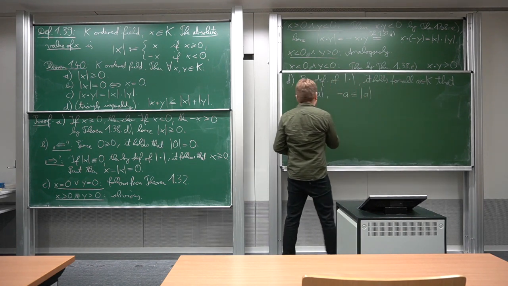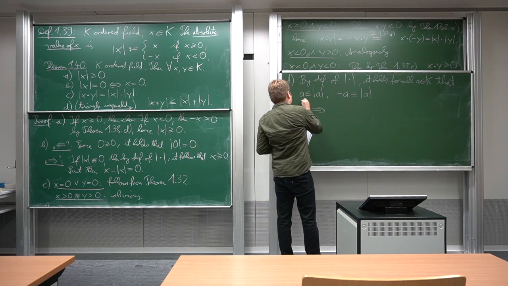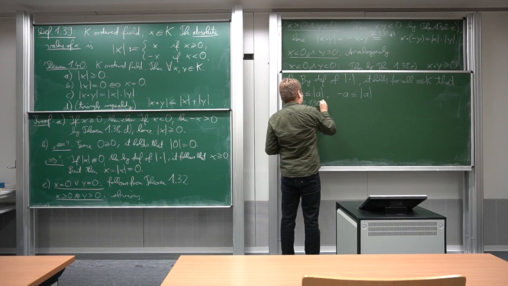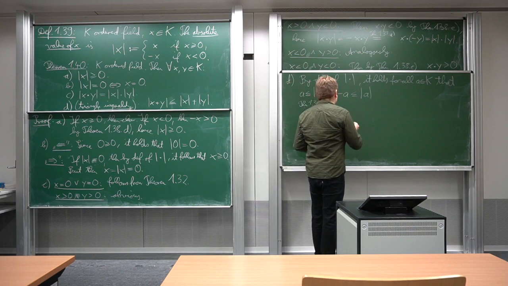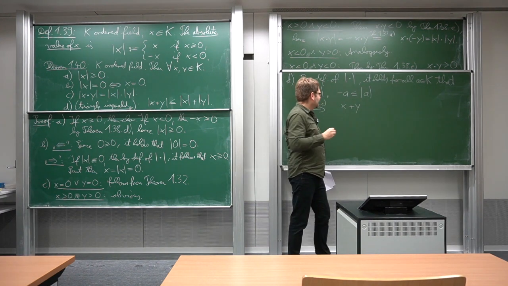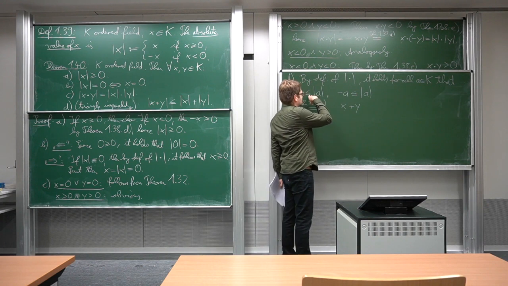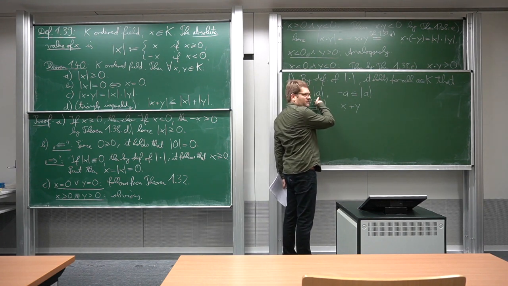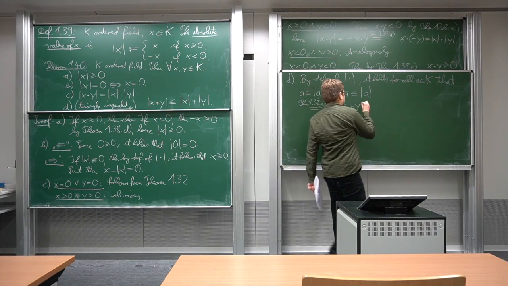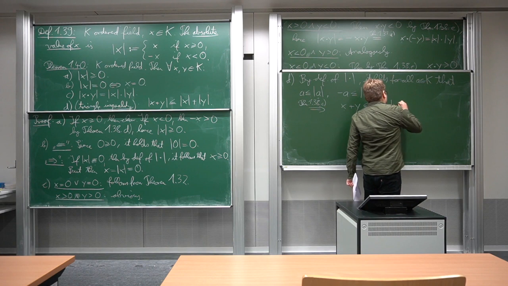And then if we take some elements x and y as in the claim, we can again use the ordered field properties. This time it's 138.c, that the sum x plus y is bounded from above: x is smaller than or equal to the absolute value of x, and y is smaller than or equal to the absolute value of y, so the addition just gives that this is smaller than or equal to the sum of the absolute values.